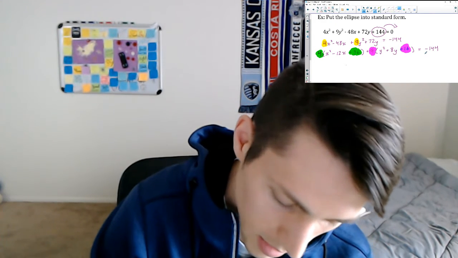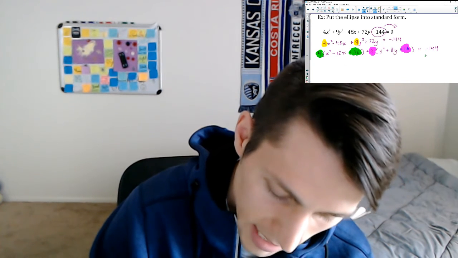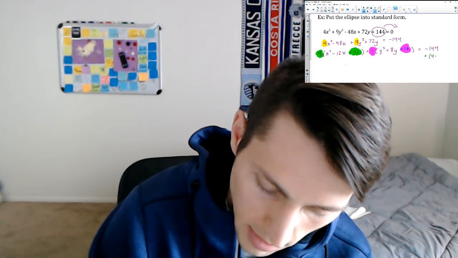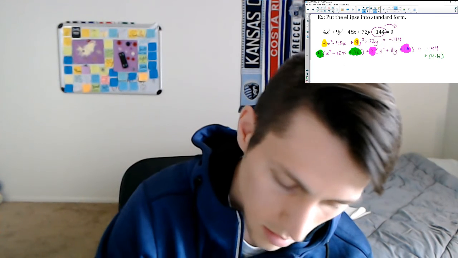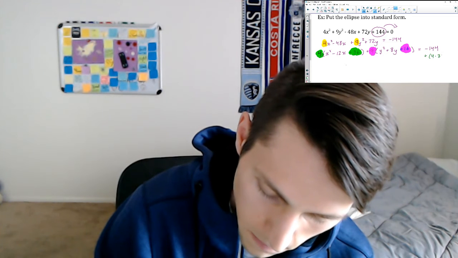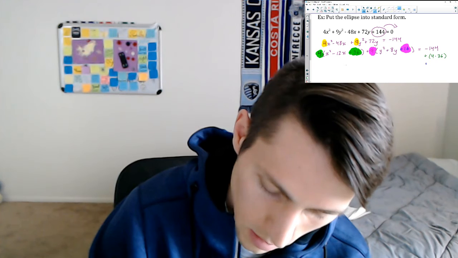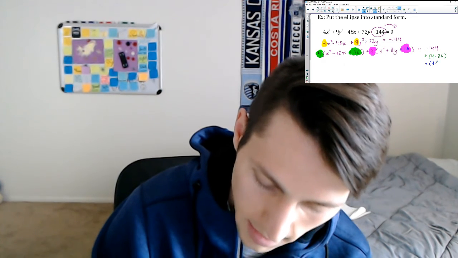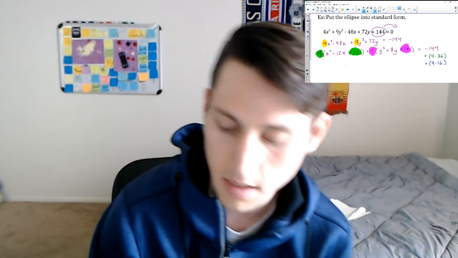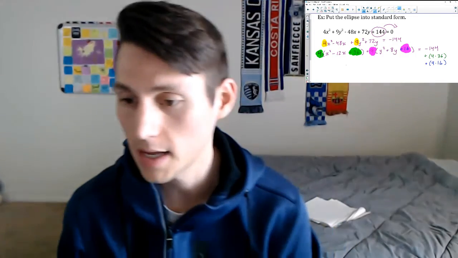So on the right side, I'm going to add 4 times 36, and add 9 times 16. So not just the 16, not just the 36, but the coefficients times that as well.